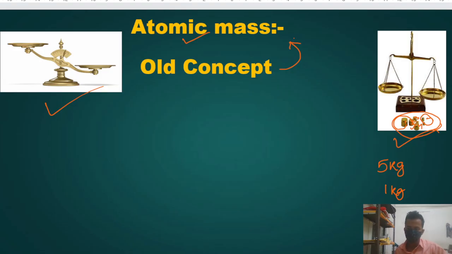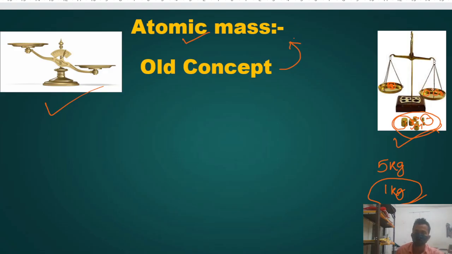And let's suppose this is 500 gram. If you go to the shop and want to buy 1 kg of potatoes, the shopkeeper will put this 1 kg stone here, and he will put the potatoes like this.